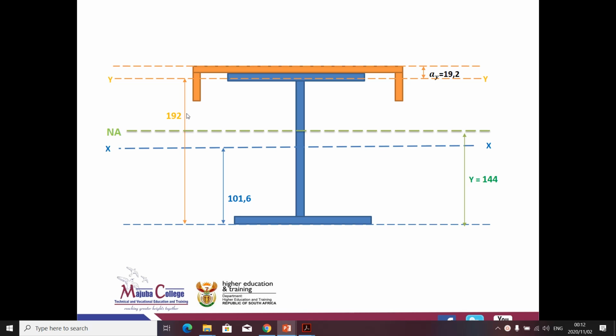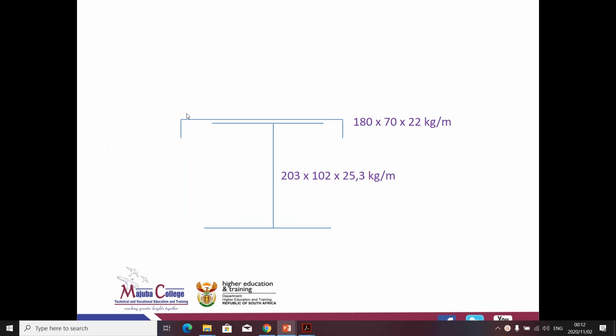You remember our diagram is this one, given the I section 203 by 102 and our channel, which is inverted here along the YY axis, which is 180 by 70.